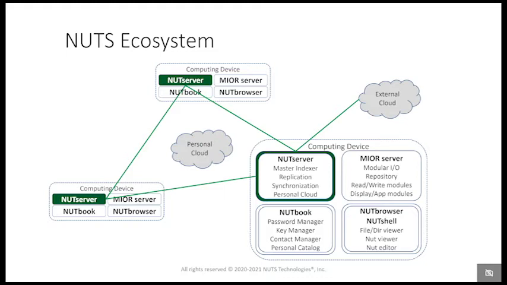You could almost think of it as a NUT-based app, your private app repository. The NUT browser looks like your file browser. And the NUT server is the main application responsible for indexing NUTs, talking to other NUT servers, and synchronization and replication of NUTs across systems.